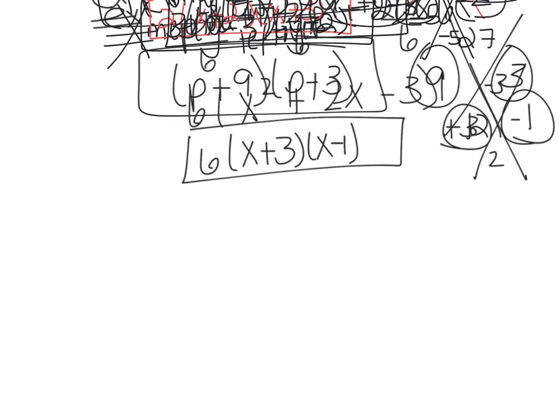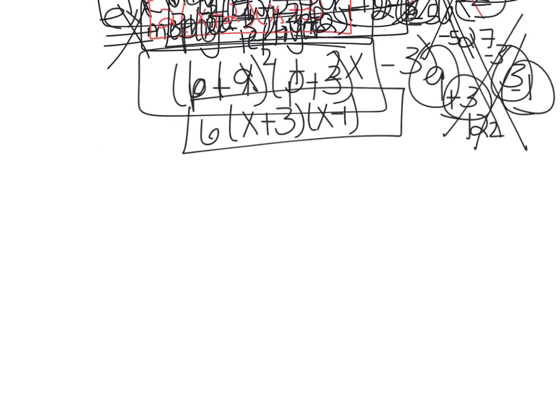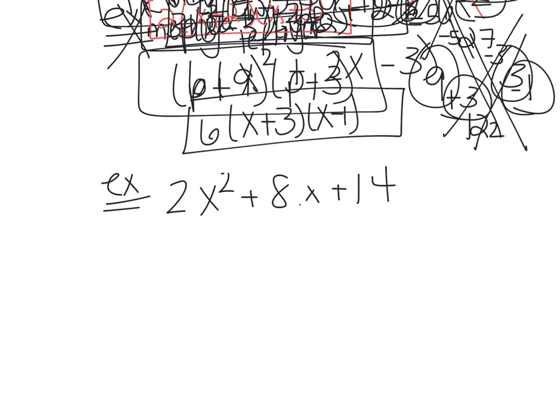If I do one more type of problem, I've written it on the screen, 2x squared plus 8x plus 14. First thing I want to do is find my GCF. What do they have in common? Well, they have a 2 in common, so I'm going to divide everybody by 2.